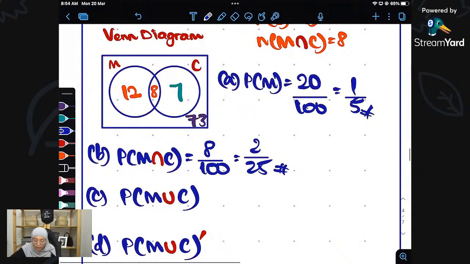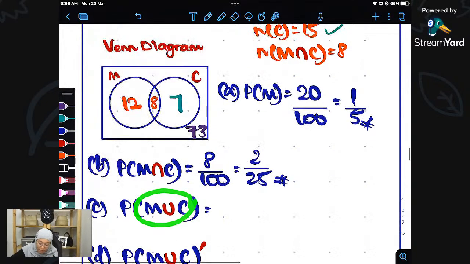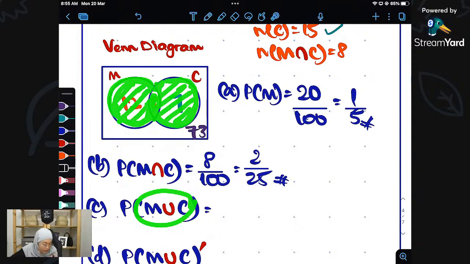And then here goes the probability of mathematics union with chemistry. Okay, probability of maths union with chemistry. I think you already understand that everything here is the union.